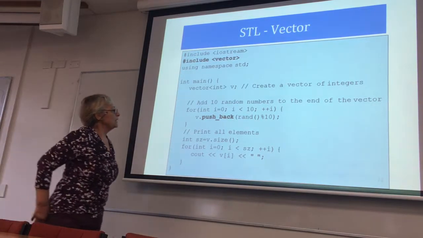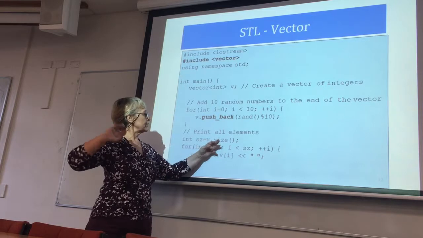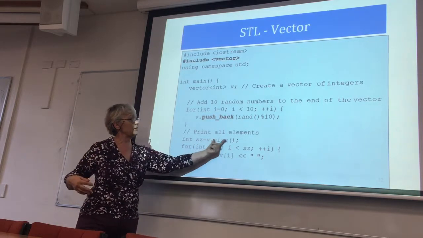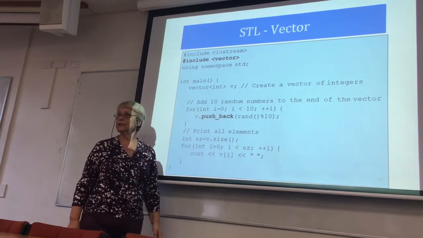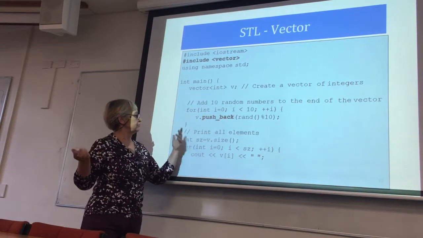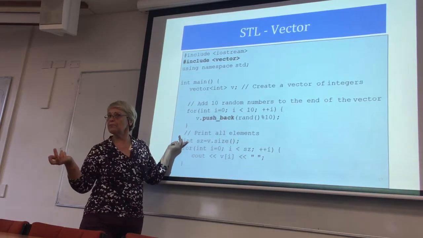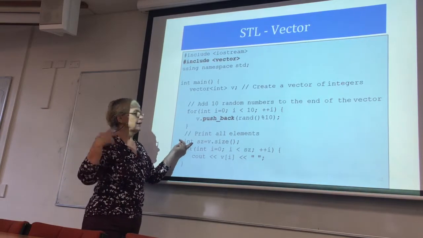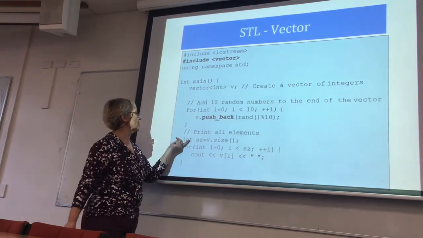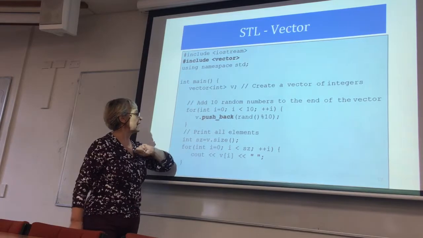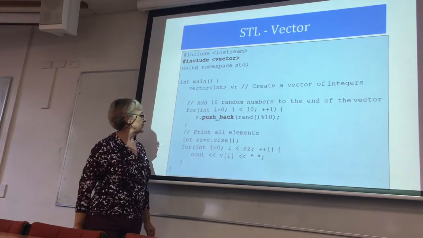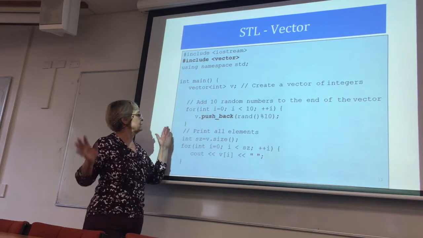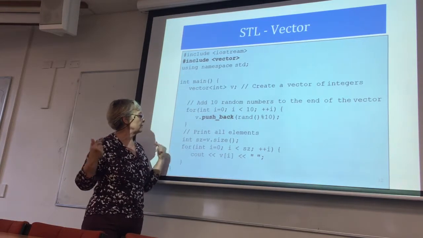Now, as I said, a vector comes with a lot of information about itself. It knows how many elements are there, v.size(). This will be size_type, or unsigned int if you get a warning, because size returns size_t or size_type, or just plain unsigned int if you have a problem.